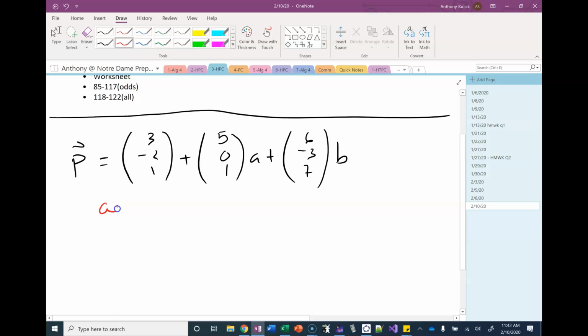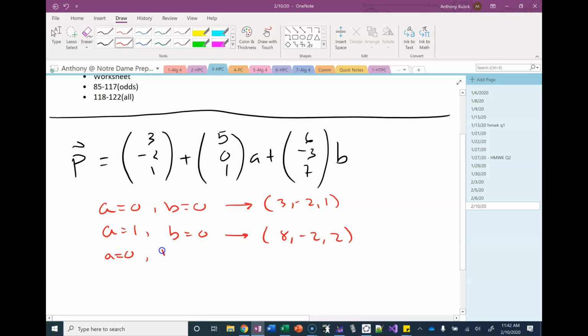So I'm just going to pick some values for a and b to generate some points. I'll use 0 and 0 to generate my first point. Then maybe I'll use 1 and 0 to generate my next point. And then maybe I'll use 0 and 1 to generate my third point.